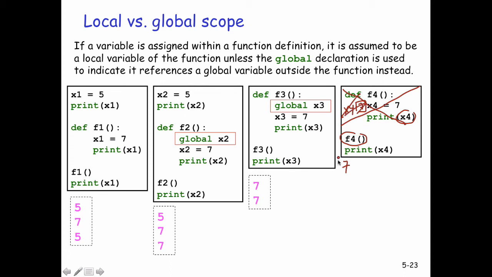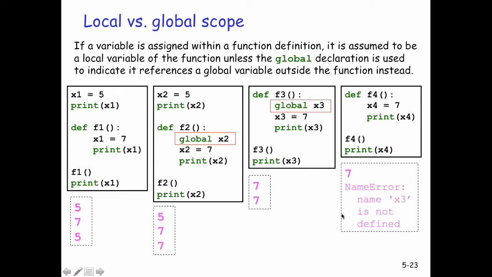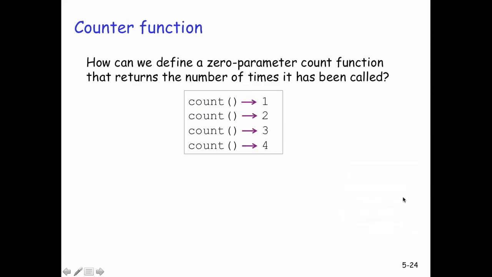We no longer have that x4, and so this x4, which is the global x4, is undefined. So this will give us a so-called name error, or an undefined variable error, because there is no global x4. This says x3 not defined. That should be, in fact, x4.